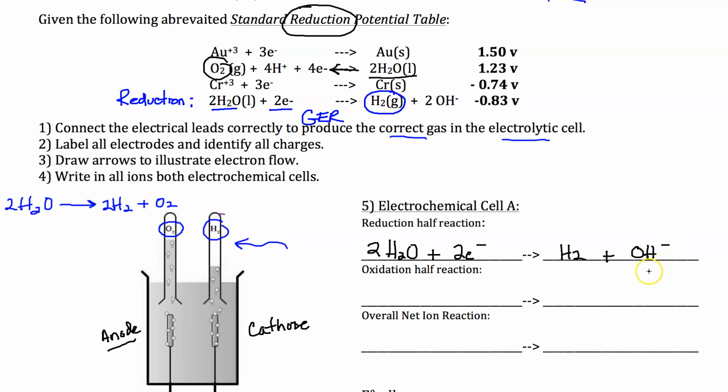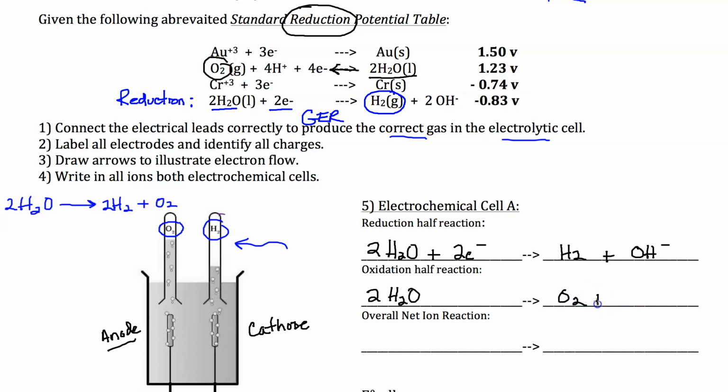Now the oxidation half reaction, we're producing oxygen so that water is going to get oxidized. So we're going to have to go the other way. So we're going to have 2 water molecules going the opposite way, which is going to make the O2.